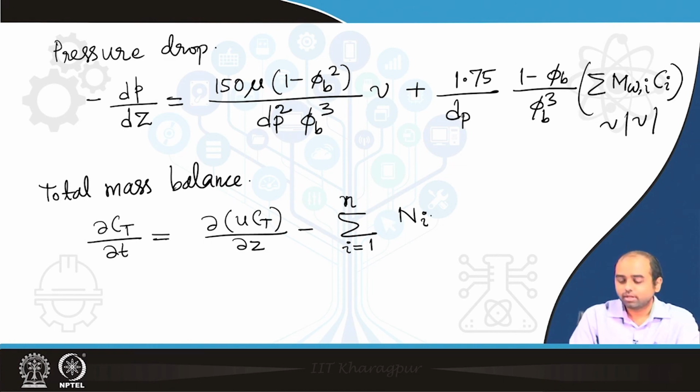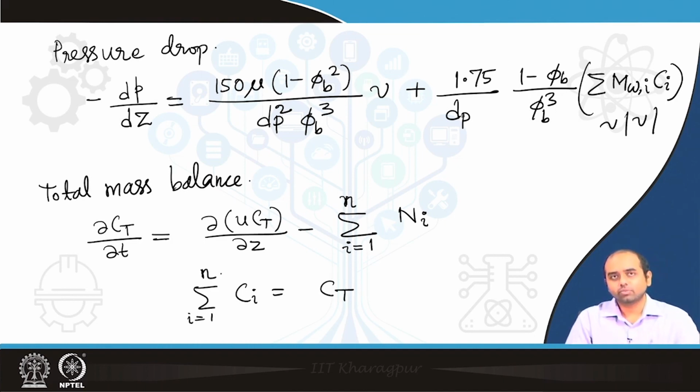So, this is the total mass balance that we have for this problem. So, you have the unknowns as your u, the concentrations, and of course, the concentration of all the components. So, this has to also satisfy. So, this should give C, right, and then we have the pressure drop. So, the number of equations and the number of unknowns are the same, I mean they are equivalent now.